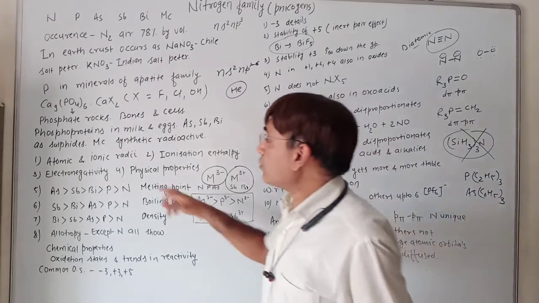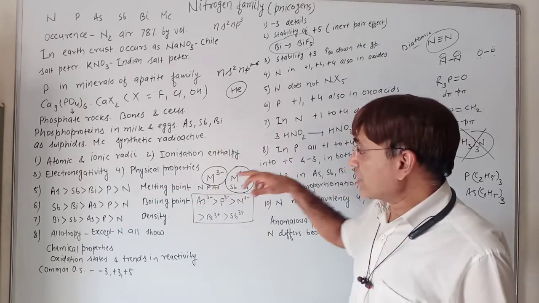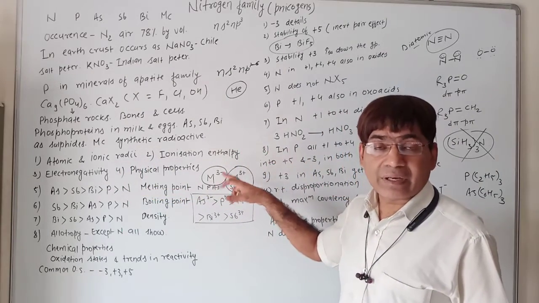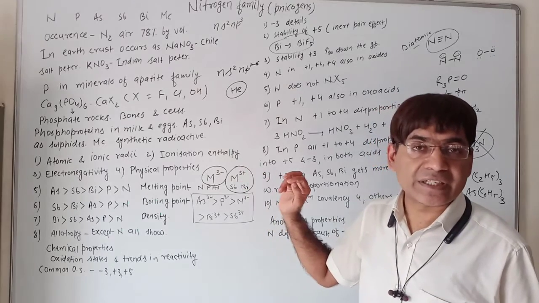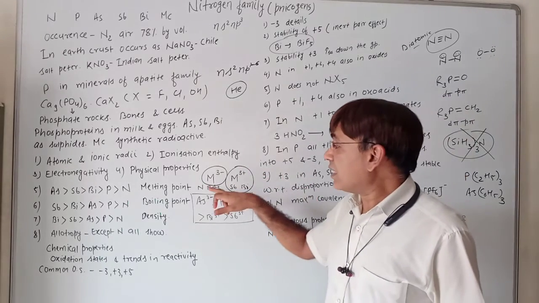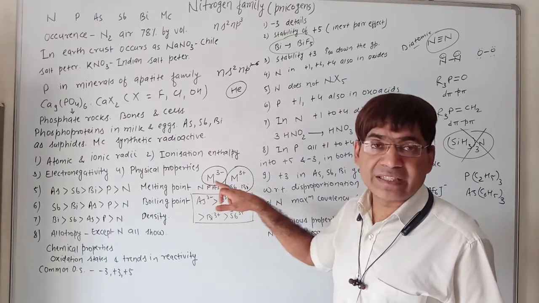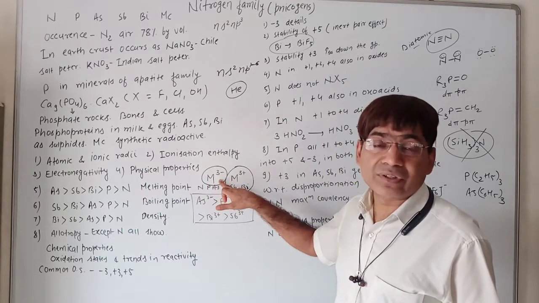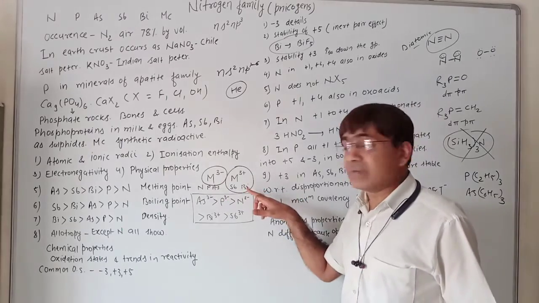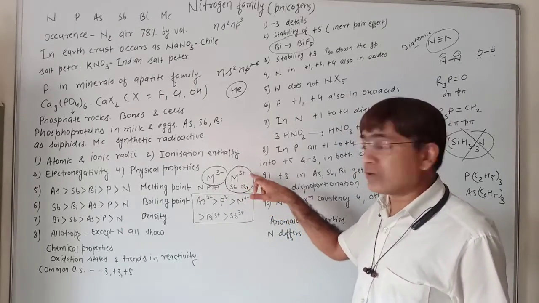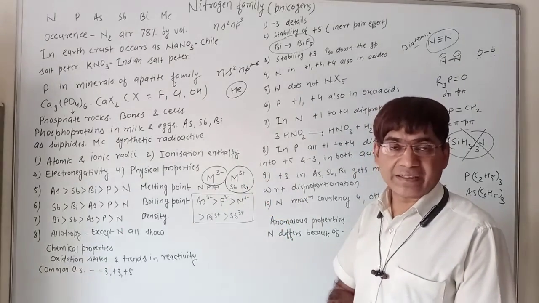When we talk about ionic radii, the +3 and -3 oxidation states are considered. For nitrogen, phosphorus and arsenic, the ionic radius data given in NCERT is for M3 negative, while for antimony and bismuth, the ionic radius is given for the tri-positive cation.